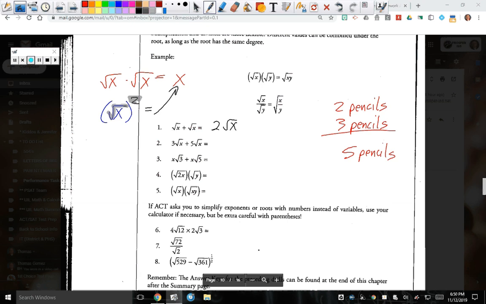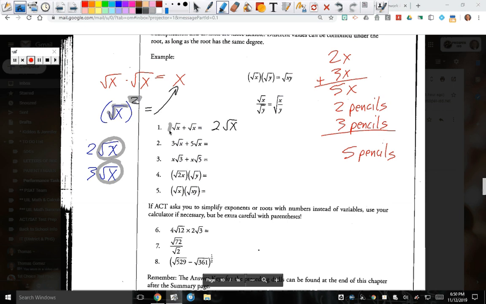This is the same as 2x plus 3x. 5 pencils. With me? Because it's the family of x. It's the same as 2 square roots of x plus 3 square roots of x. These are the pencils.